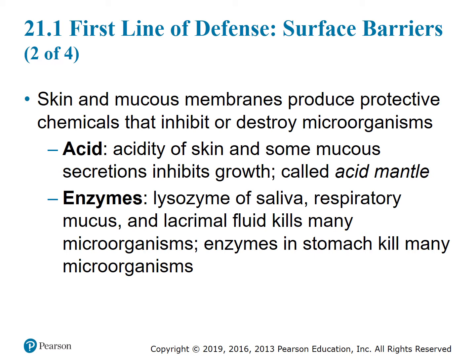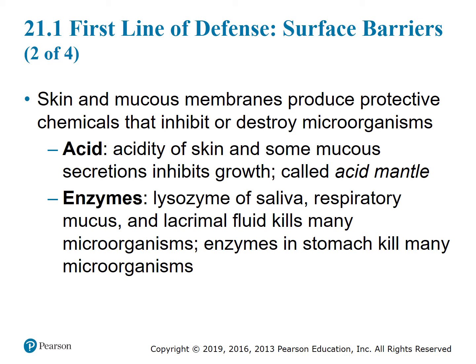And also there's some enzymes that are produced, like lysozyme, that is found in saliva. It's a component of saliva, and lysozyme is important because it inhibits gram-positive bacteria. Respiratory mucus, lacrimal fluid kills many microorganisms.